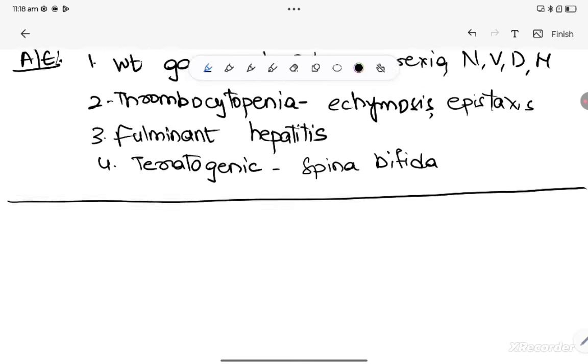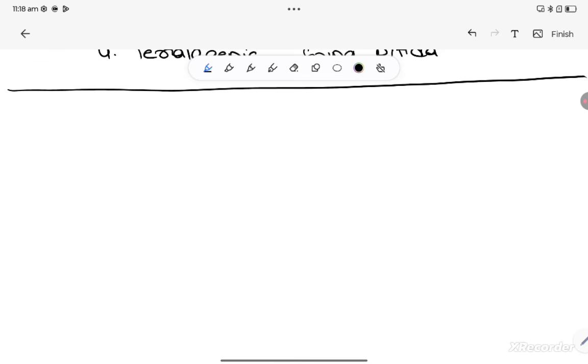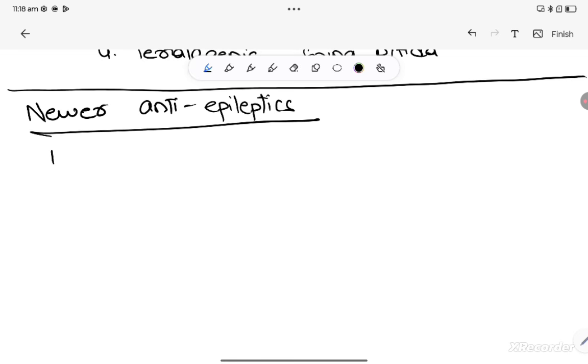But we need to understand newer anti-epileptic drugs are increasingly used. So, we will just go through the mechanisms of action of newer anti-epileptics. So first one is lamotrigine.